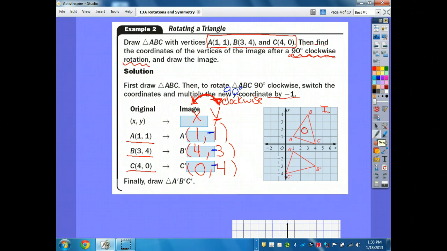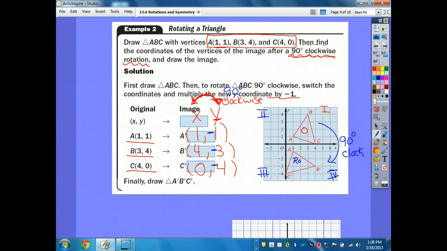Is it IV or VI? IV. Nice. Roman numerals. What quadrant is this up here? 2. And this would be 3. All right, so now you know that your rotation is down here. We rotated it 90 degrees clockwise.